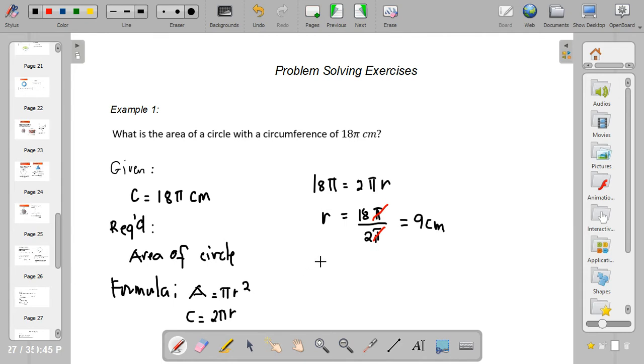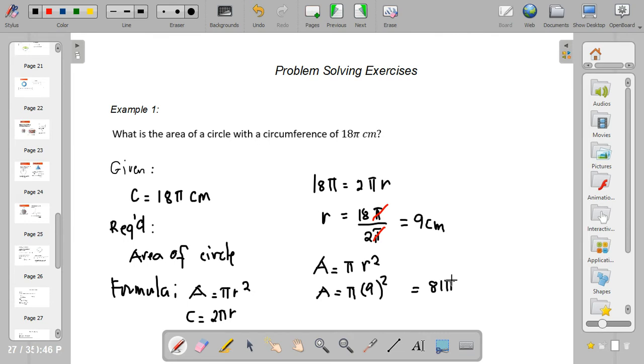So this time, we can solve for the area, where area is equal to pi r squared, or we can substitute directly pi and then 9 squared. Area is equal to 81 pi.